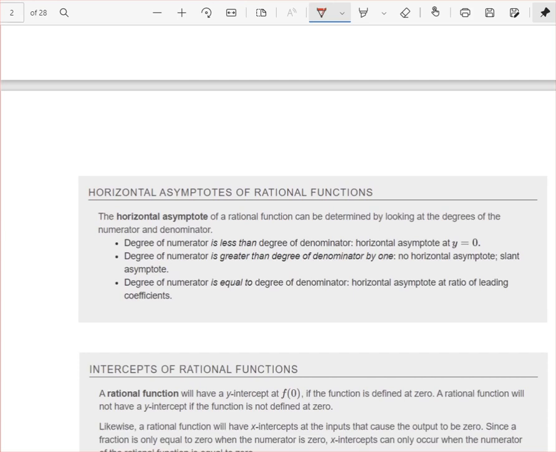And now, how to find horizontal asymptotes. I did put some steps on the written notes. To find a horizontal asymptote, you're going to locate the highest exponent of x. If it's on top, you don't have a horizontal asymptote.